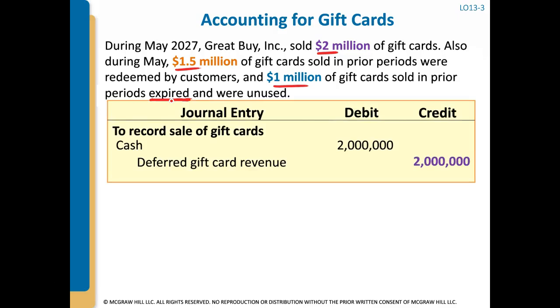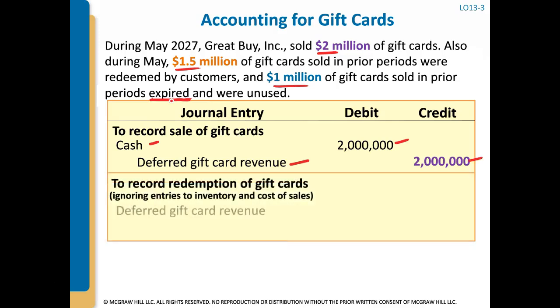When they first sell the $2 million of gift cards, they receive cash, debit cash, 2 million, and now they have a liability because now they owe products or services for those gift cards. So they're going to credit deferred gift card revenue of $2 million. In May, $1.5 million of gift cards sold in prior periods were redeemed by customers.